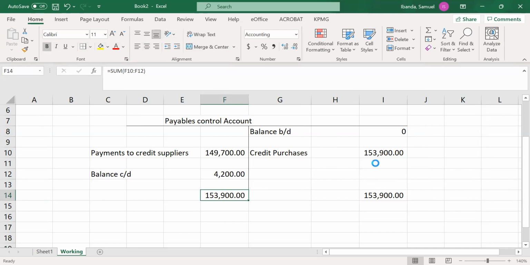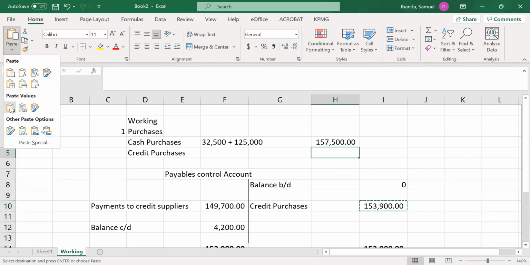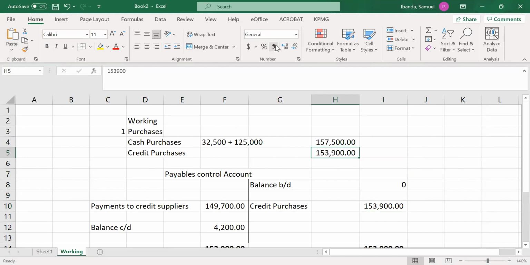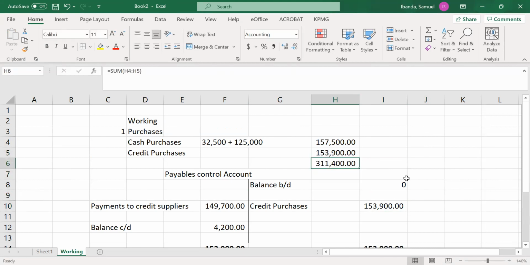And now your totals will be 153,900 and then 153,900. So your credit purchases are actually 153,900. So I'll just bring them here and I'll get my total, the sum of these figures, which gives me 311,400.